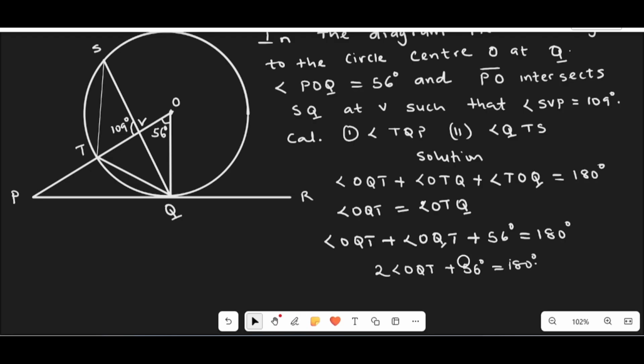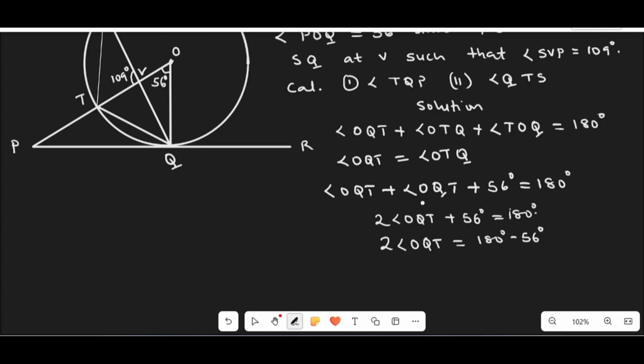So let us transpose plus 56 degrees to the right hand side, and the positive sign will change to negative. We are going to have 2 multiplied by angle OQT equal to 180 degrees minus 56 degrees, which is 124 degrees.